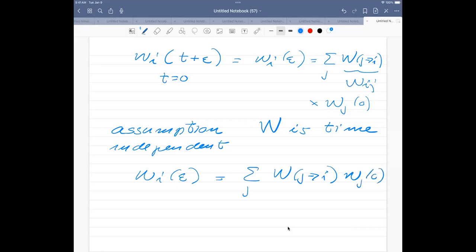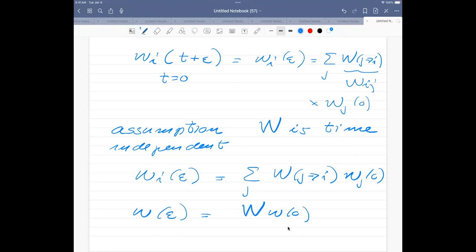We can write this in a more compact form as a vector times a matrix. If i is one of the positions you can have, we can rewrite this as a vector of epsilon, in a more compact way as a matrix vector multiplication. So we would have W multiplied with this w of 0. So this is time epsilon.